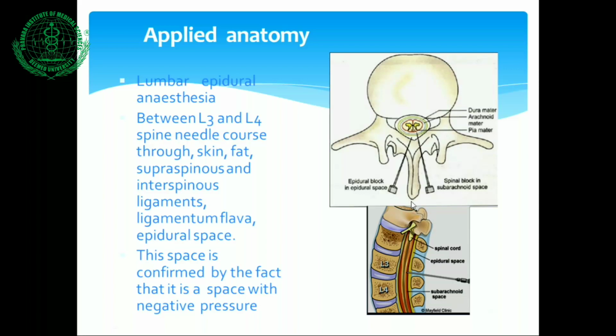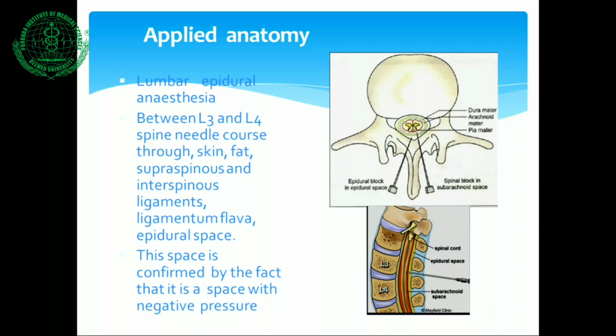In lumbar epidural anesthesia, the anesthetic agent is given with the help of a spine needle. For the purpose of injecting the anesthetic agent, the needle is passed between the third and fourth lumbar vertebrae.